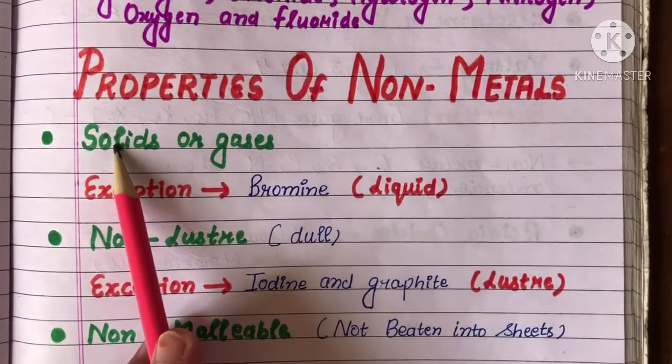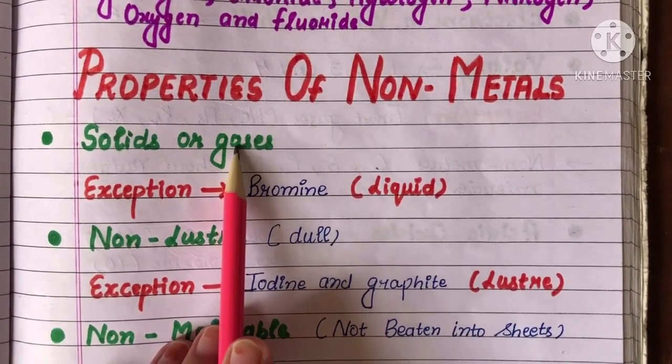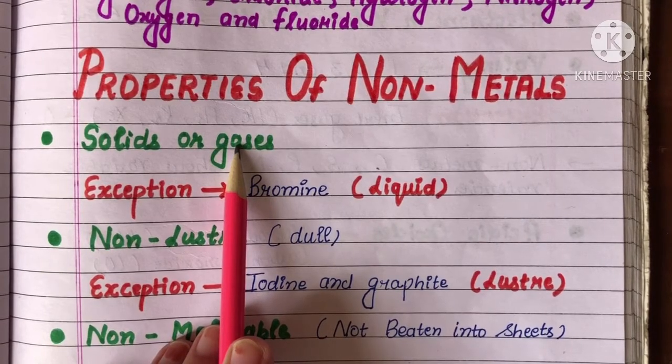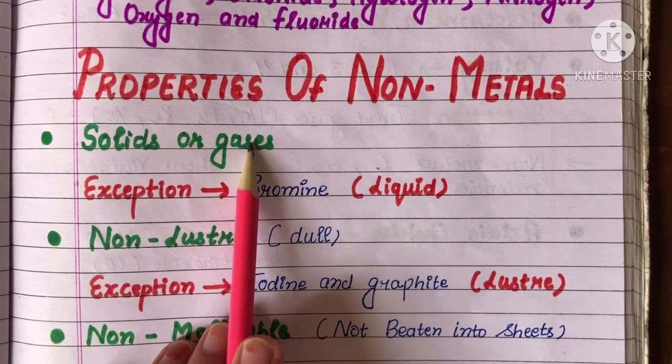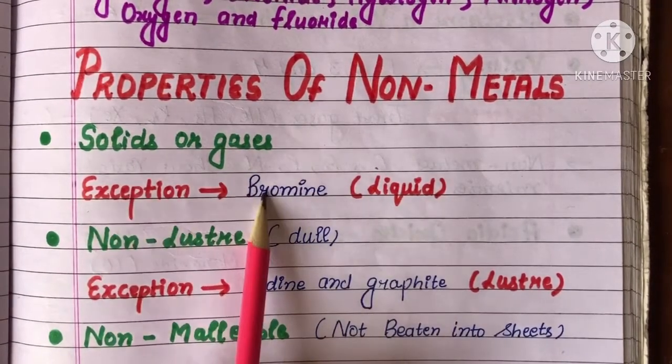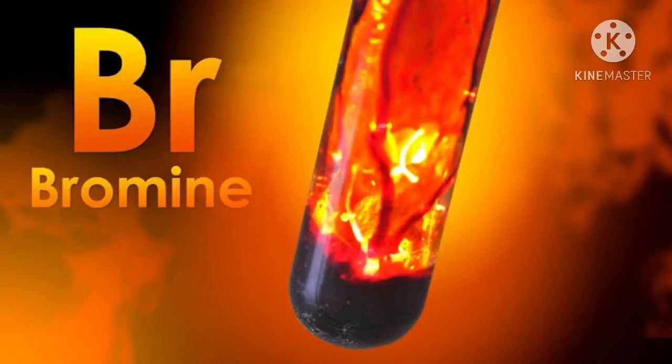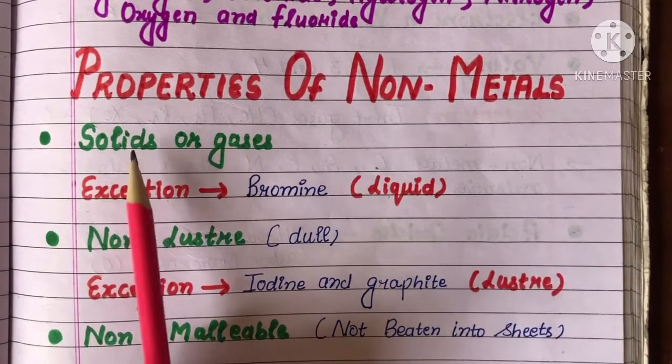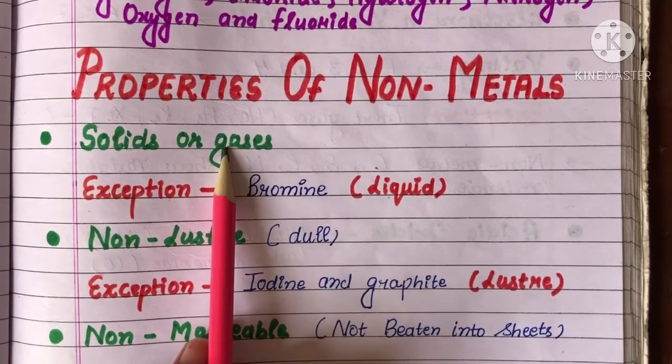First property is solids or gases. So non-metals exist in the solid as well as in the gaseous state, but there is an exception, that is bromine. Bromine is a non-metal, but it exists in the liquid state. So this is the exception in case of solid or gaseous state.